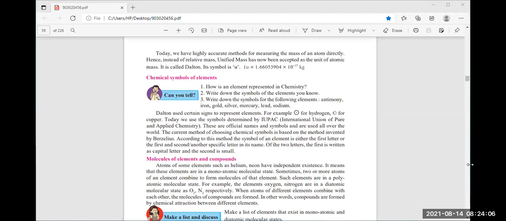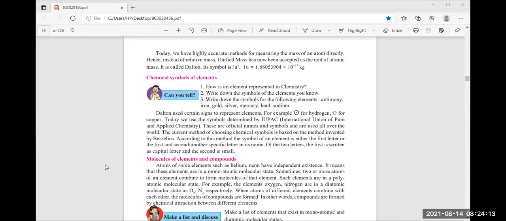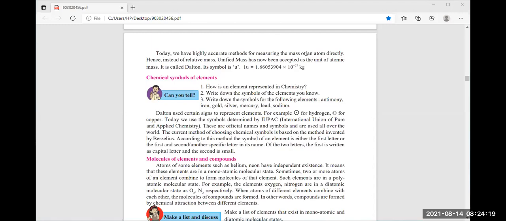So this is shown by some letters, and in those letters, for hydrogen, suppose H is there. Okay, then the IUPAC nomenclature system is introduced. Dalton used these circle signs to represent the elements. For example, if you see in front of you, one circle with one dot is for hydrogen. For carbon C. Okay, for copper it's there.